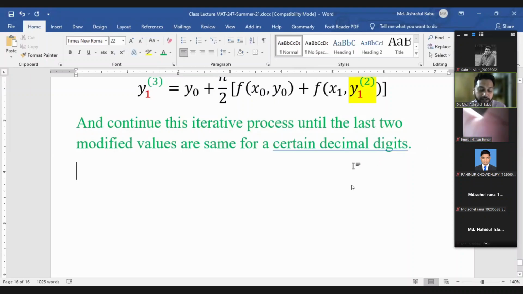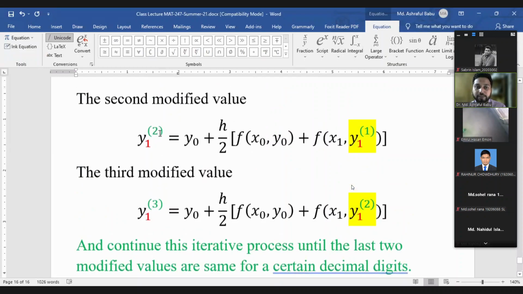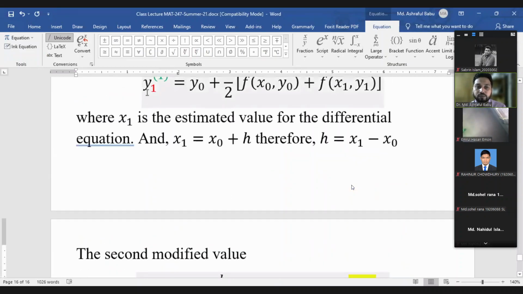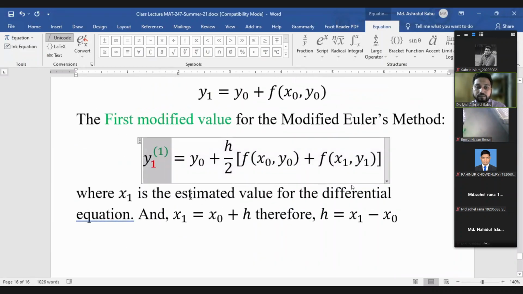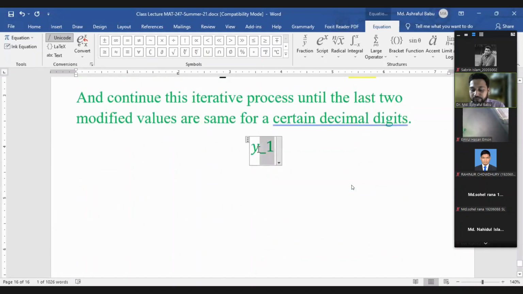Like that, you find y1. Okay, I'll give you a simple example. You find any value, not y1; I just tell you the process like that.